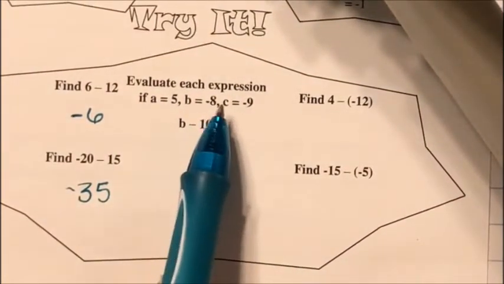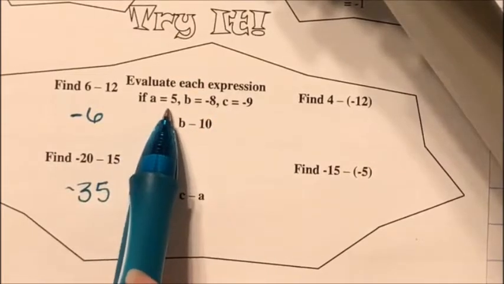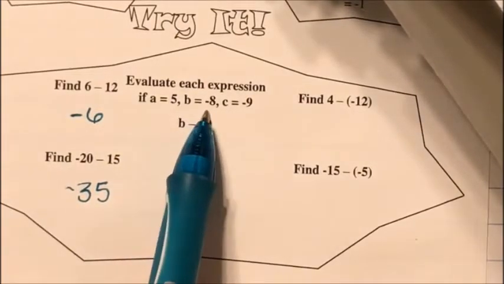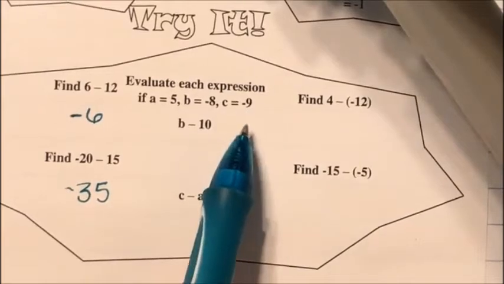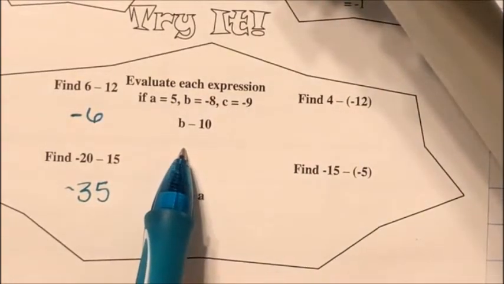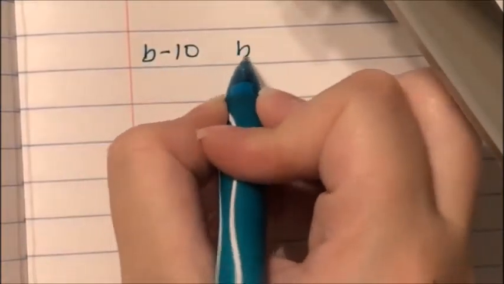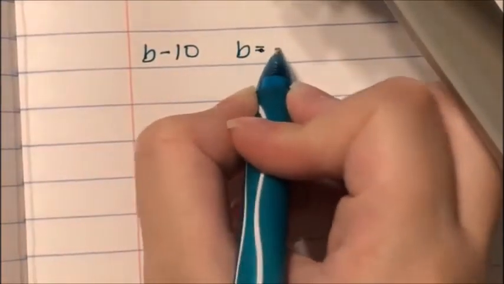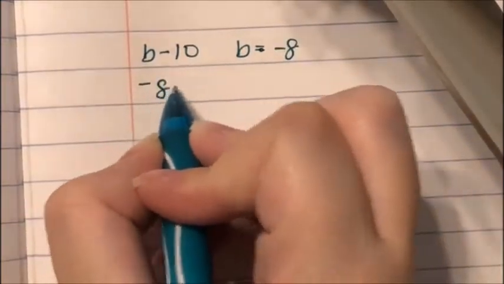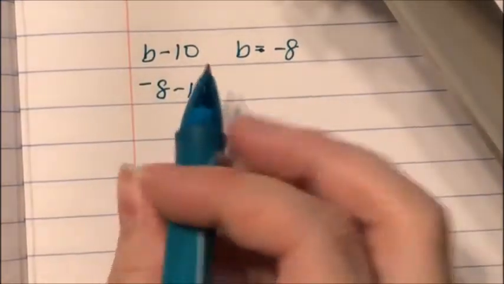Next, I'm going to evaluate each expression where A equals 5, B equals negative 8, and C equals negative 9. So the first one I have is B minus 10. And we said B equals negative 8. So I'm going to write negative 8 minus 10. It's my original problem.